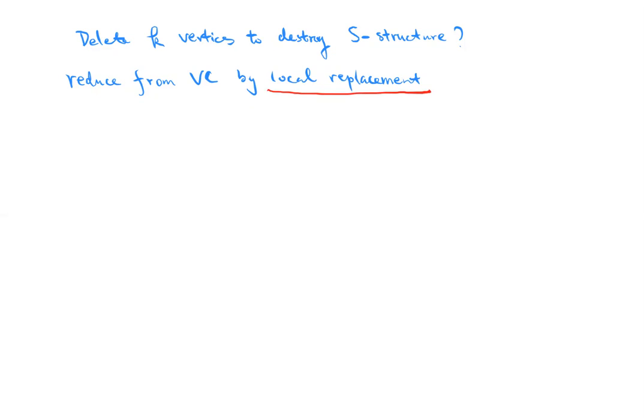Typically what we do is replace an edge by the structure S. So for each edge, we replace it by this structure S.